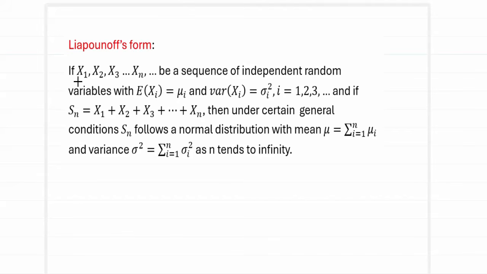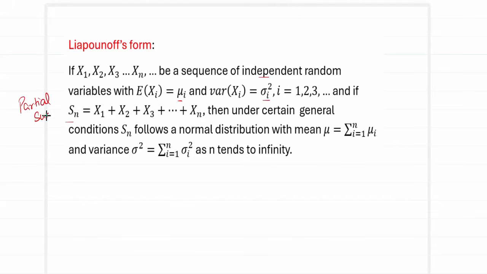It says that if x1, x2, x3 up to xn are a sequence of independent random variables, notice they are independent, so one does not affect the other. Each of these random variables has a mean given by mu i, and a variance given by sigma i square. Then consider Sn, called the partial sum.